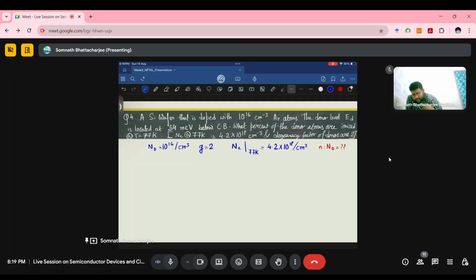Also, we can write it like this as well. So ED is situated 54 meV, but we can write it as 0.054 eV.